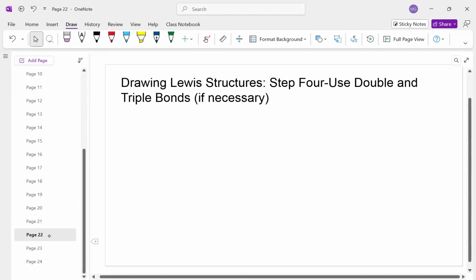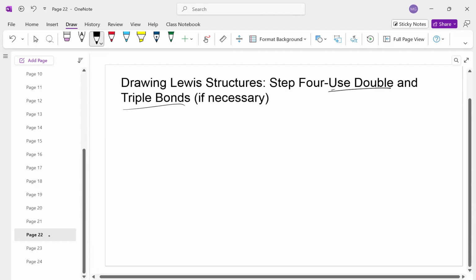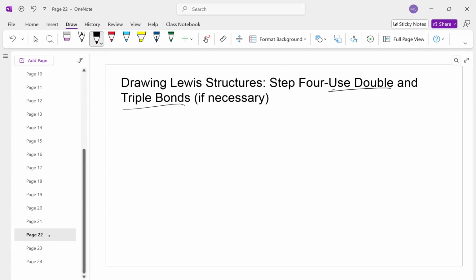All right, finally, in our last step, if something doesn't have a full octet, we're going to use double bonds and triple bonds if necessary. It's not always necessary. So how do we do this? Number one, use lone pairs to make double and triple bonds.